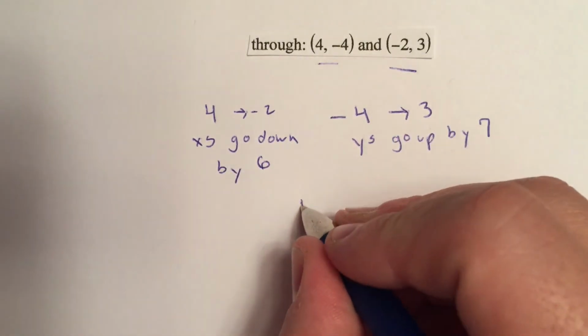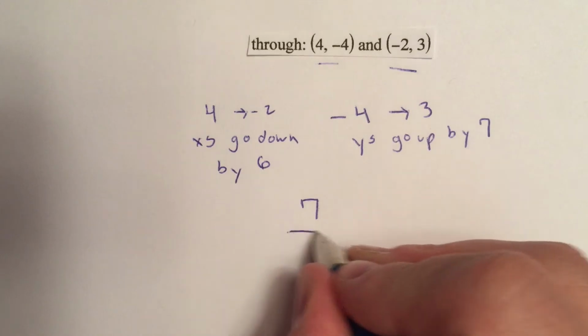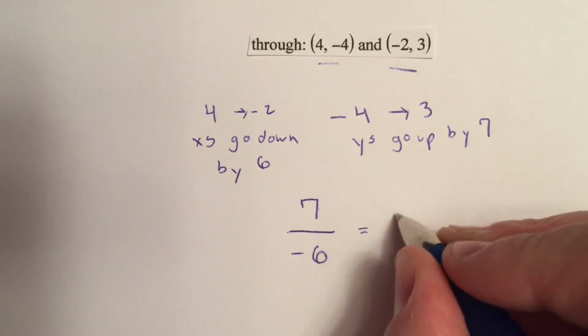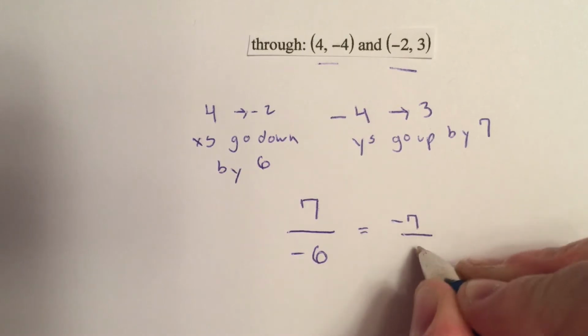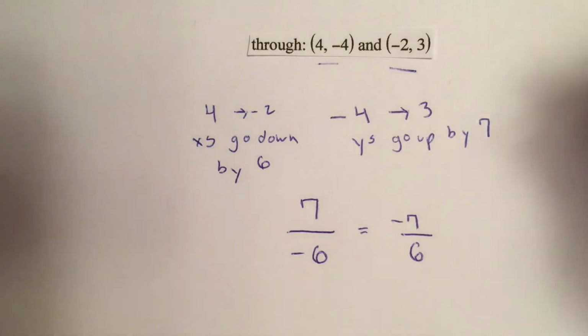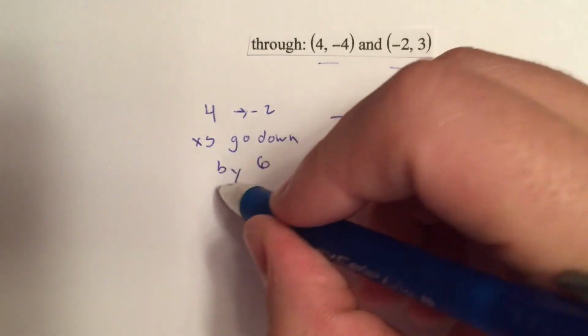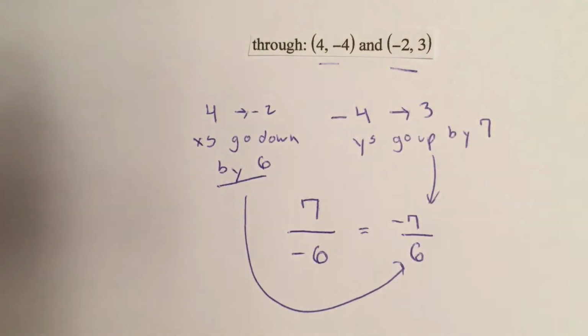So the y's went up by 7, the x's went down by 6. So my slope here is -7 over 6. This is how my y has changed, and this is how my x has changed.